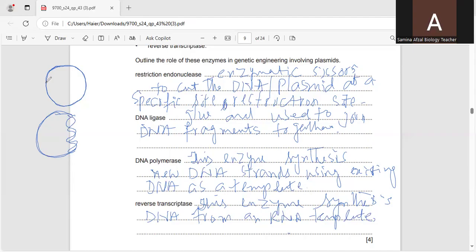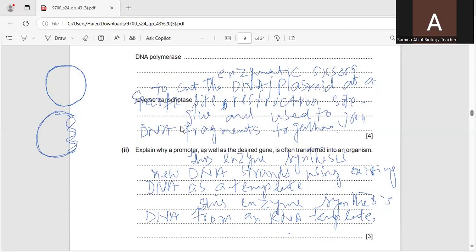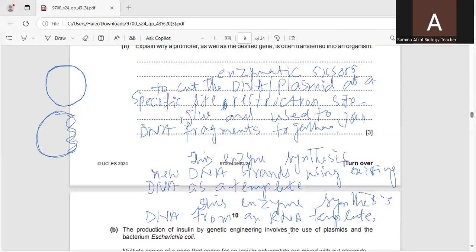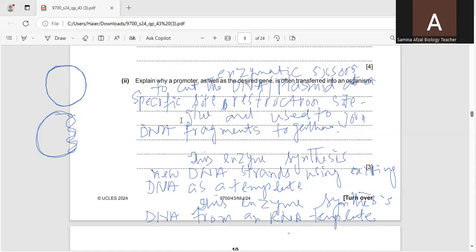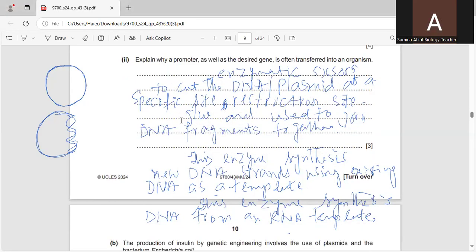It is the reverse of transcription, and the enzyme used for this purpose is called reverse transcriptase. Now we are moving towards the next question: why are promoters as well as the desired genes often transferred into an organism?